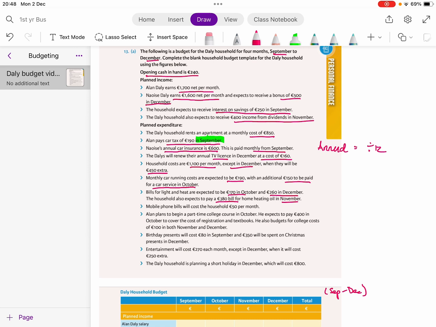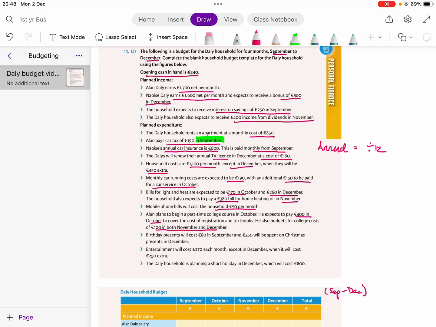Mobile phone bills will cost the household €50 per month. Alan plans to begin a part-time college course in October. He expects to pay €400 in October to cover the cost of registration and textbooks. He also budgets for college costs of €100 in both November and December.